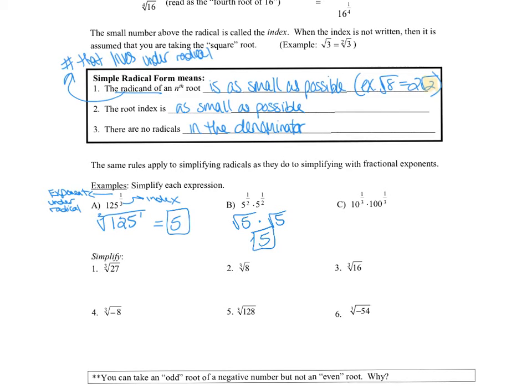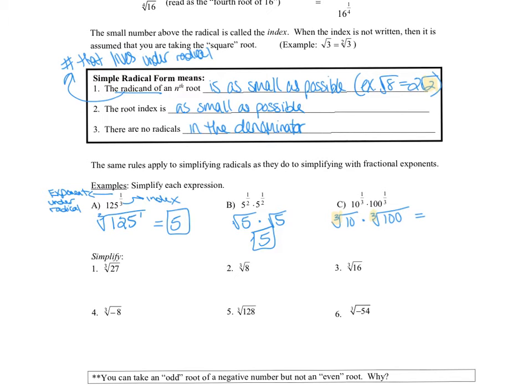Now in letter C, I have 10 to the 1/3 times 100 to the 1/3. Think about how we can write that using radicals. So we're taking the cubic root of 10 times the cubic root of 100. Remember your rules. You can multiply numbers that live underneath radicals together as long as the index for those radicals are the same.